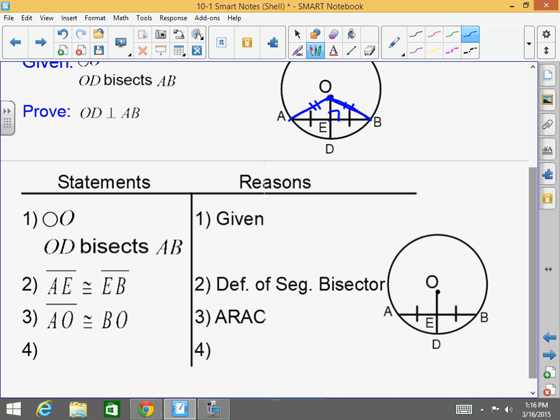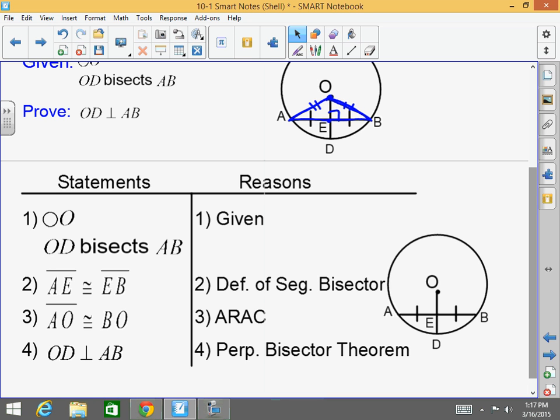Isn't E equidistant to A and B? So wouldn't that be the converse of the perpendicular bisector theorem? Or actually the perpendicular bisector theorem? If 2 points are congruent to the same endpoints of a segment, then it is the perpendicular bisector of that segment. So that is why this theorem is usable.